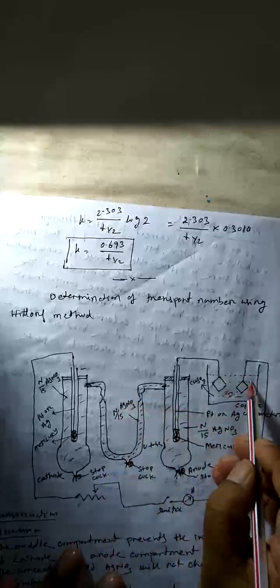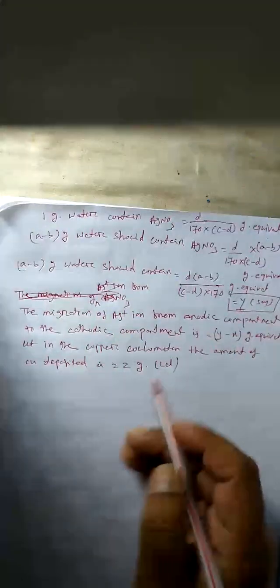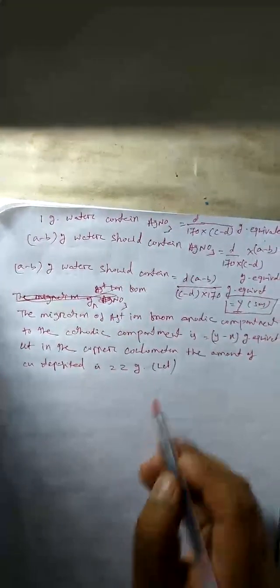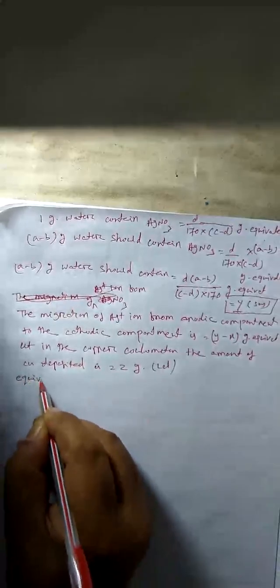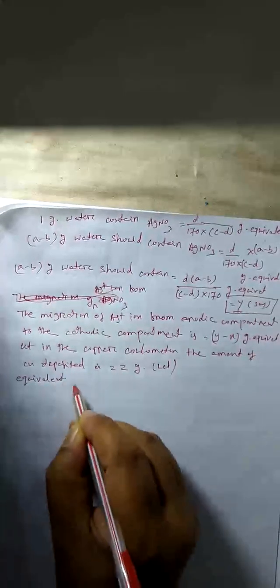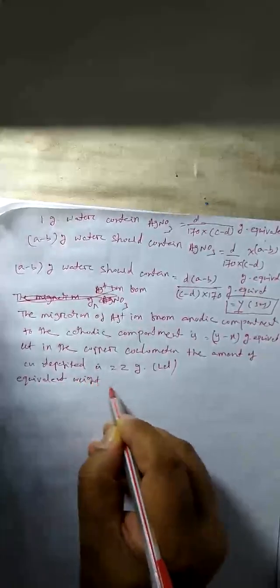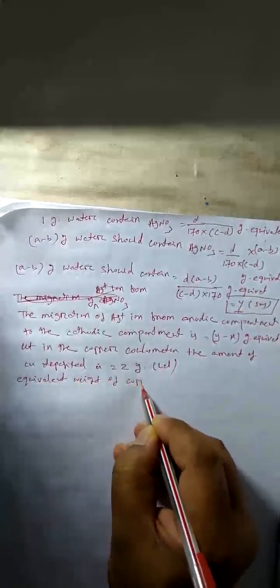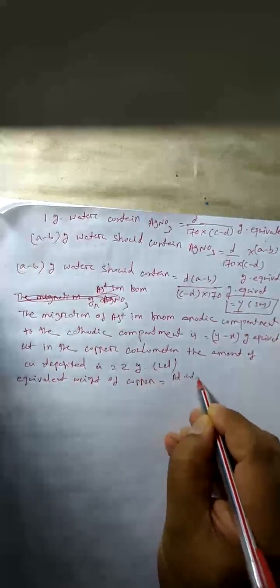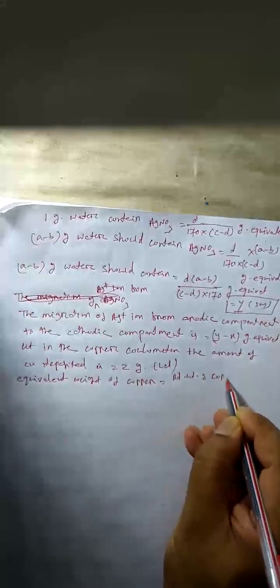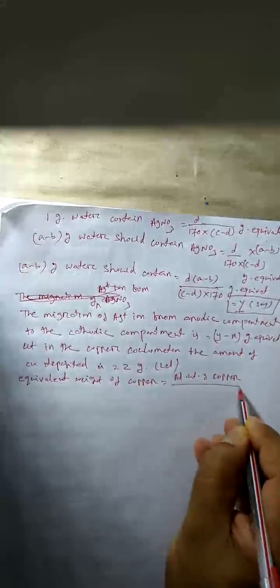Suppose 3 ampere current passes here, here also 3 ampere current, because it is connected in series. In that case, let copper deposited be Z gram. Then the equivalent weight of copper is atomic weight of copper divided by valency.